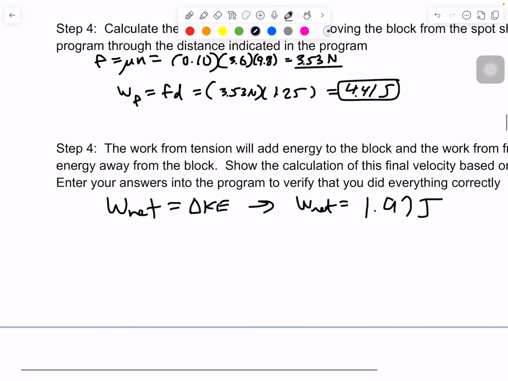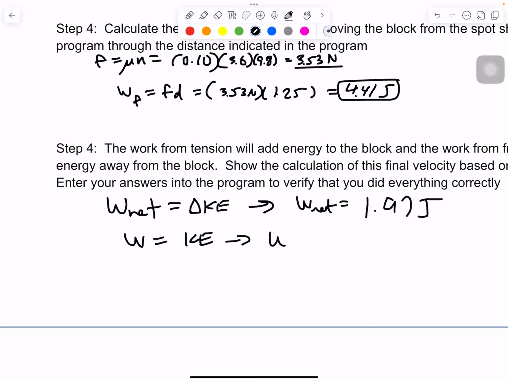Okay, now work equals the final kinetic energy, so 1/2 mv squared. Times 2 divided by mass, and then the square root.